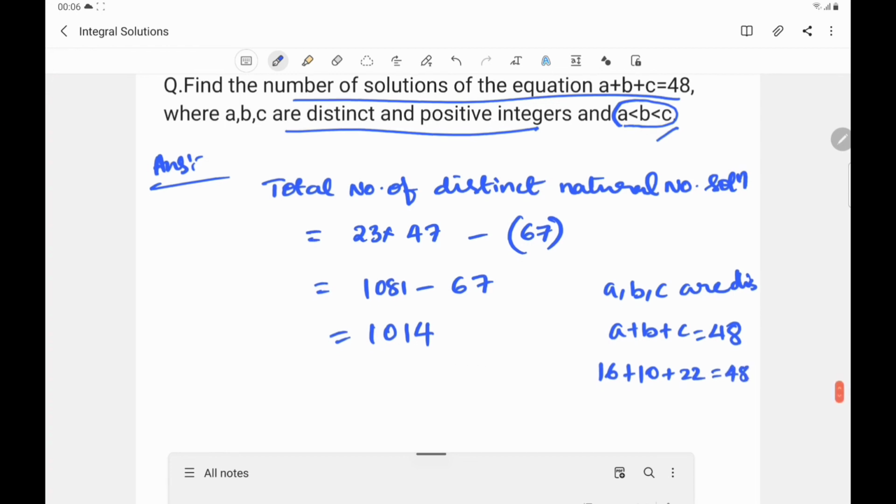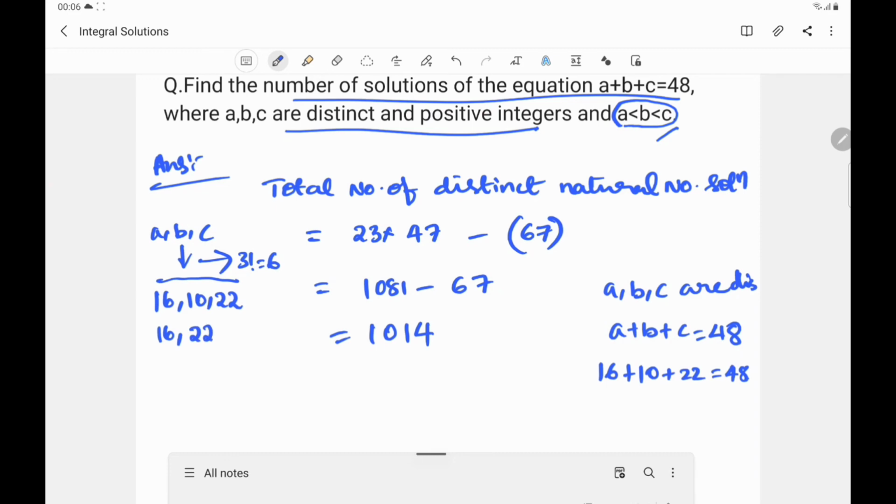So now we have 16, 10, 22. These three represent a, b, c. They can be arranged in 3 factorial ways, which is a total of 6 ways.